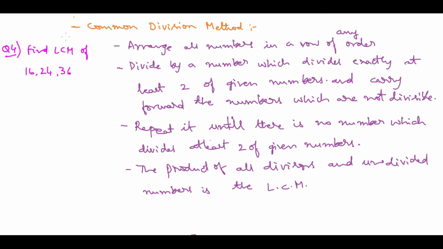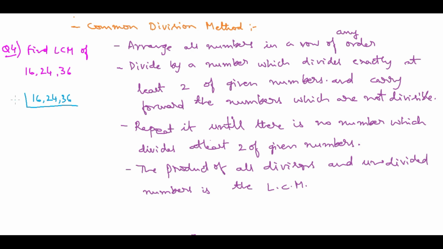This is the question: find the LCM of 16, 24 and 36. So they are kept in a row and we divide them together. I have arranged all numbers in a row and divide by a number which divides exactly at least two of the numbers.